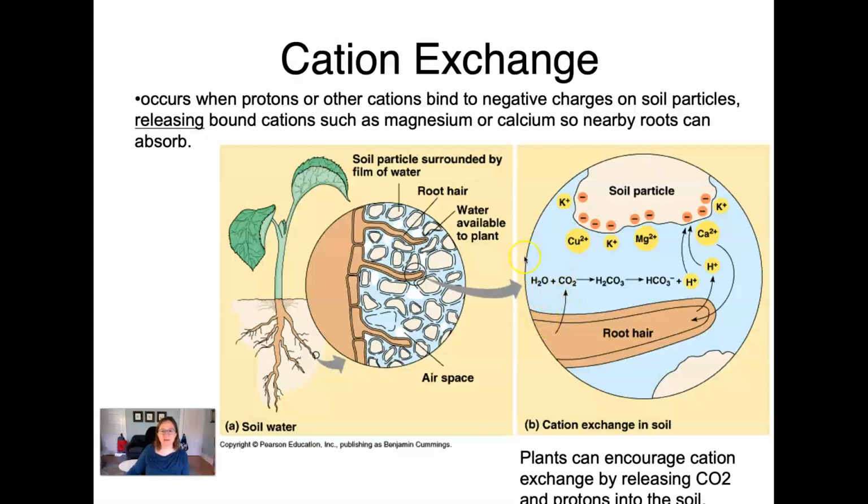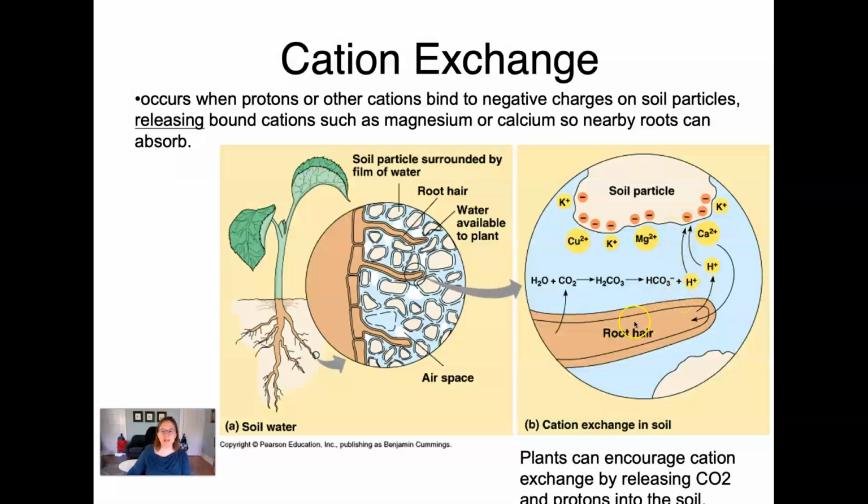So the cells are respiring, they're producing ATP, they release CO2 into the soil, and it binds with water and eventually allows hydrogen ions to be produced when carbonic acid is made. So plants encourage the exchange of protons that they are actively releasing from their root hairs.